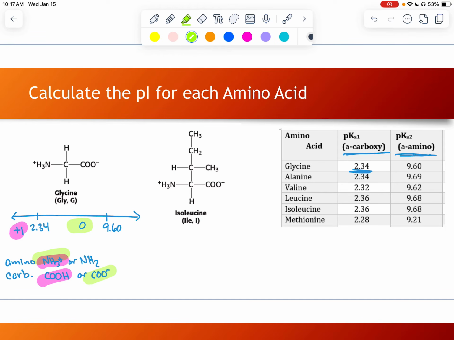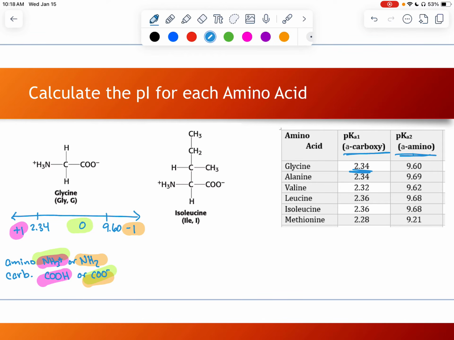Okay, here's the section that I'm going to average out to get my zwitterionic form. And then if I keep going up, I'm going to also deprotonate this as I pass that next pKa. So now I've got those two, and that would have a -1 charge. So you can see it drops down by 1 each time.